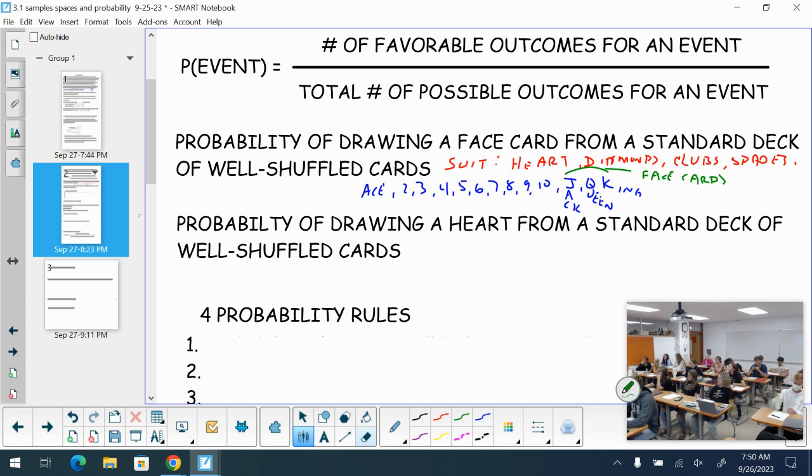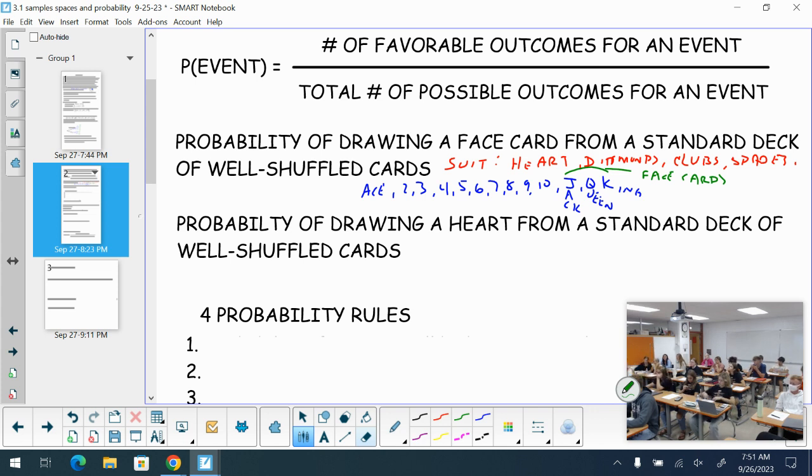So we want to find the probability of Coy drawing a face card from a well-shuffled deck of cards. We have to ask ourselves, how many face cards do we have in a deck over the total number of cards? Favorable outcomes over total number of outcomes. How many face cards do we have in the deck? 12.